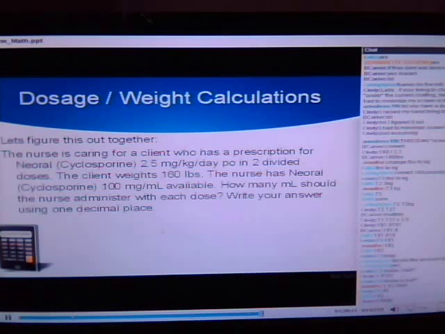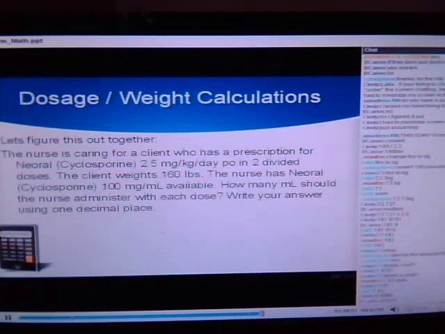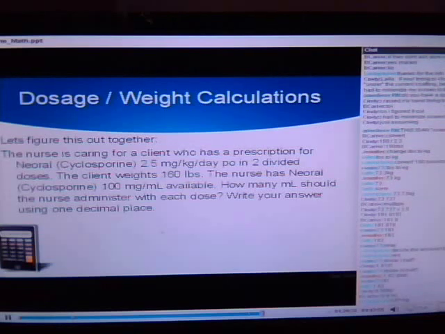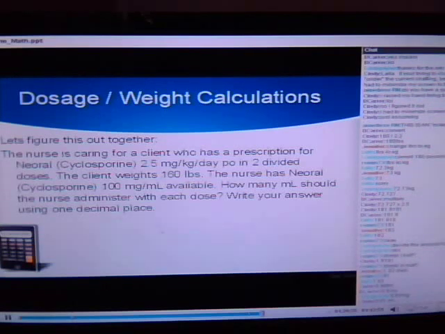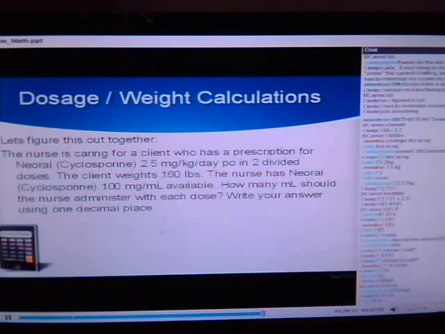Jennifer, you came the closest to writing your answer correctly, but you wrote milligrams per dose. But look at the question. It says write your answer using 1 decimal place. It says how many milliliters should the nurse administer each dose?